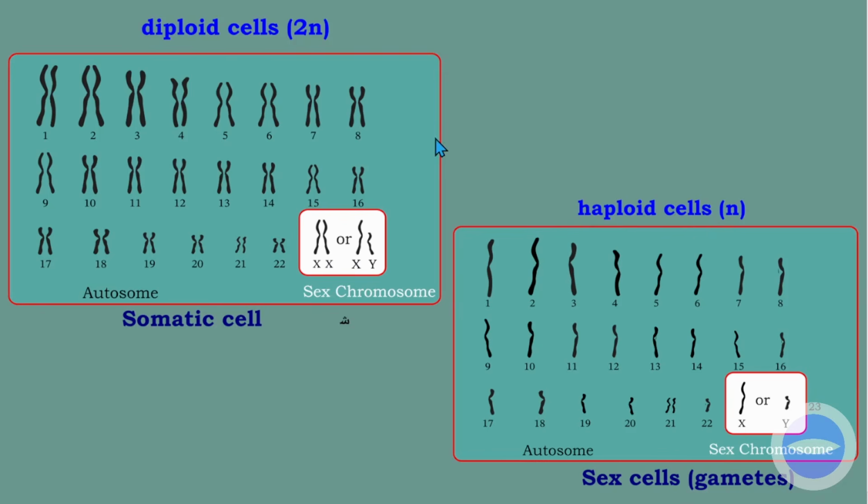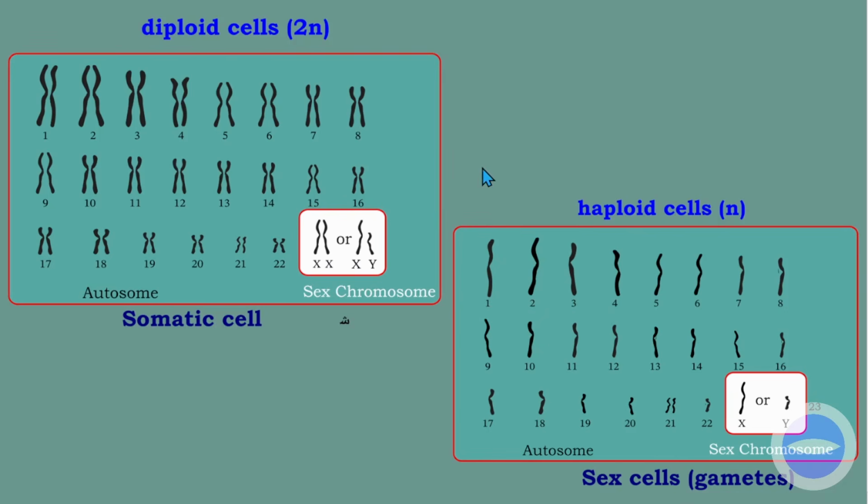So if this cell goes through meiosis, then we will have a haploid cell, which is N, and a diploid cell is 2N. A haploid cell has only single chromosomes. The chromosomes are not in pairs. If you can see here, we have one which is single, also two, they are single.